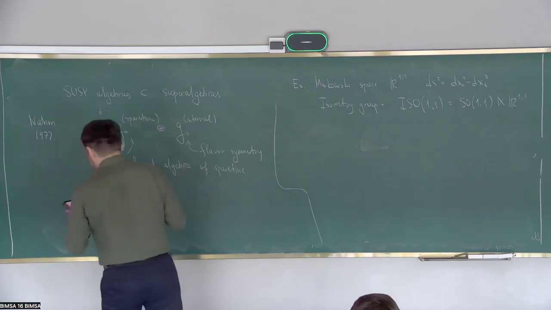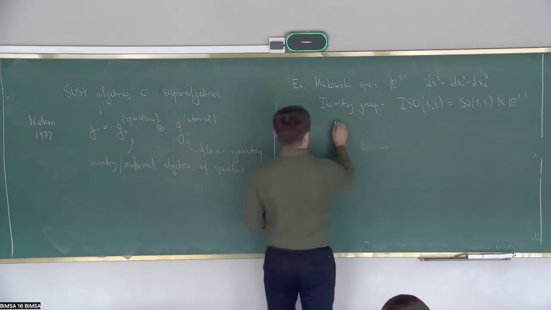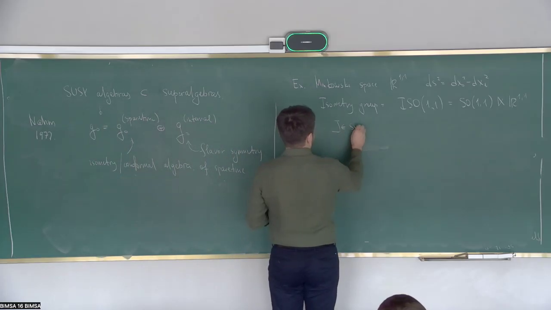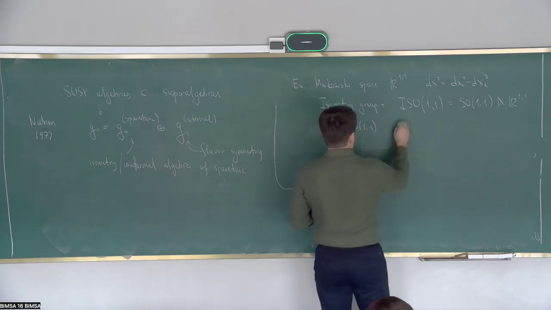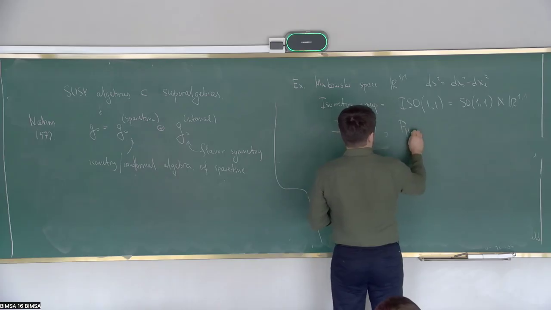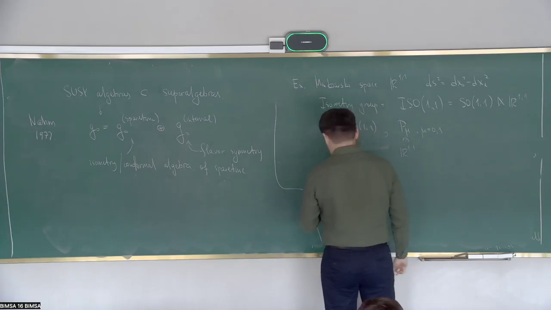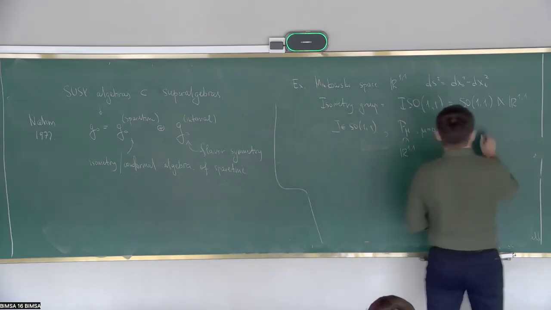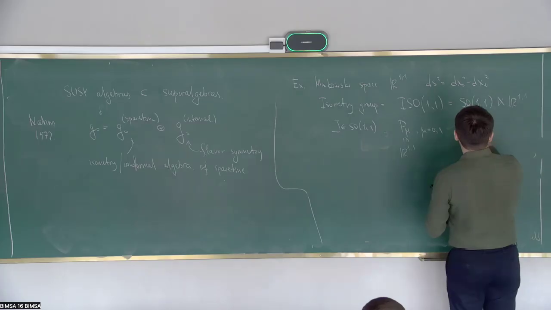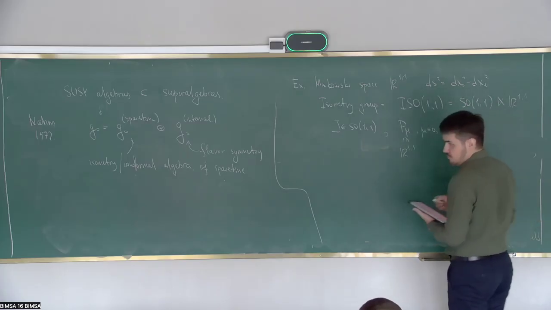The Lie algebra is spanned by the generator J, which belongs to the Lorentz algebra, and the generators P_mu, mu = 0, 1, which belong to R^{1,1}. It's important to say that the Lorentz group SO(1,1) is just R plus, the positive real numbers.